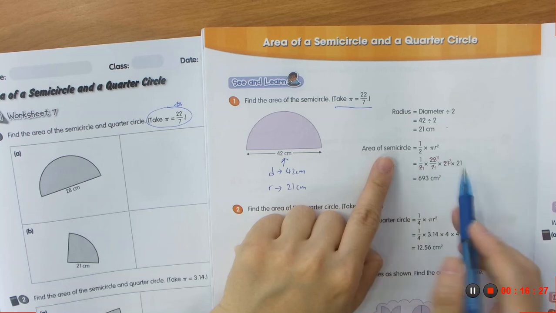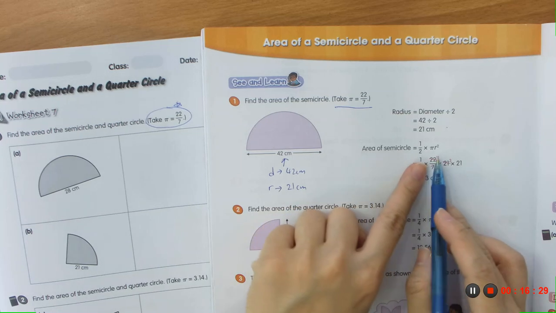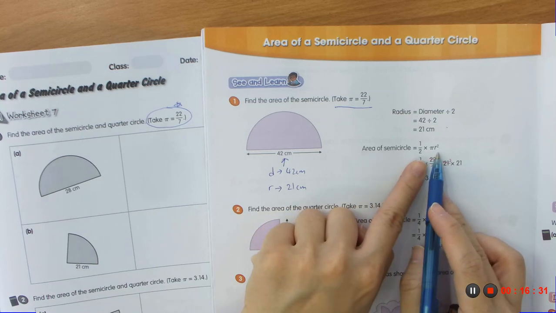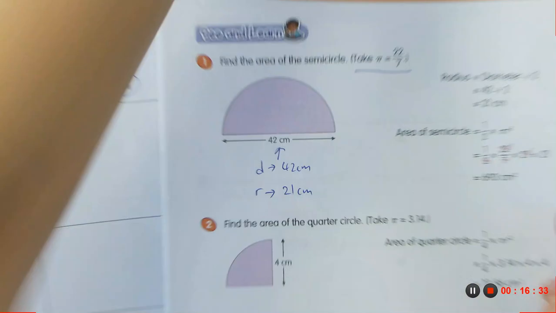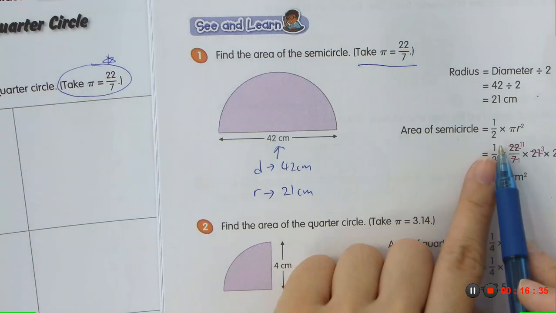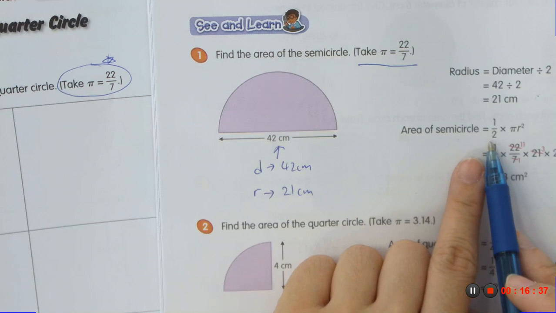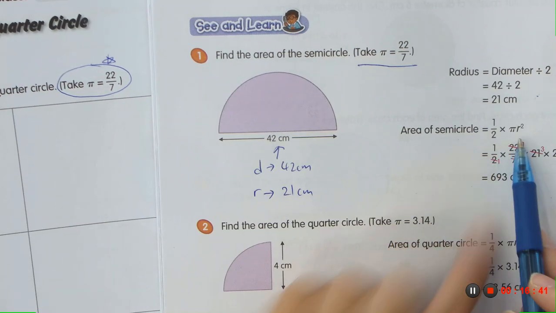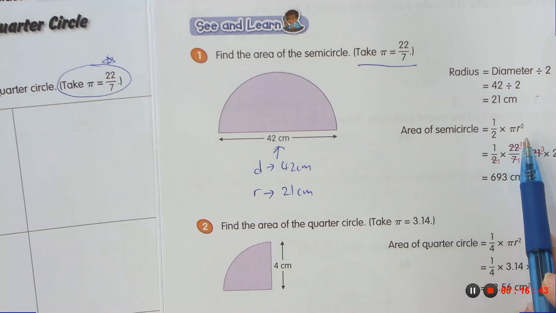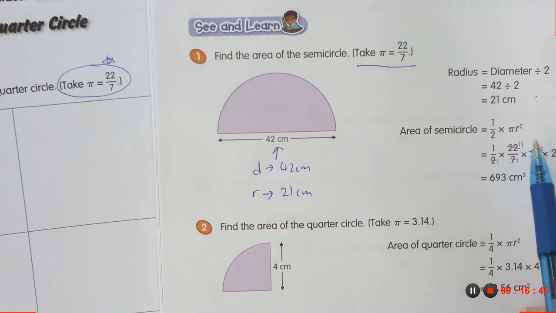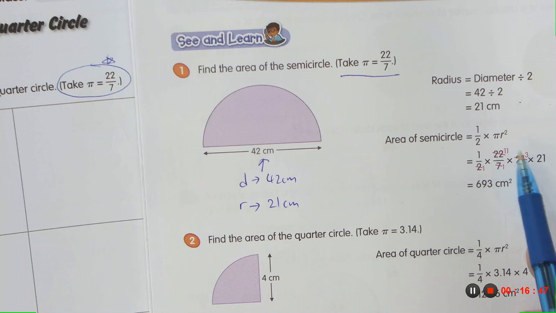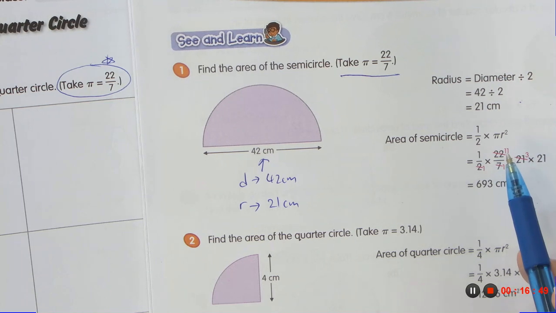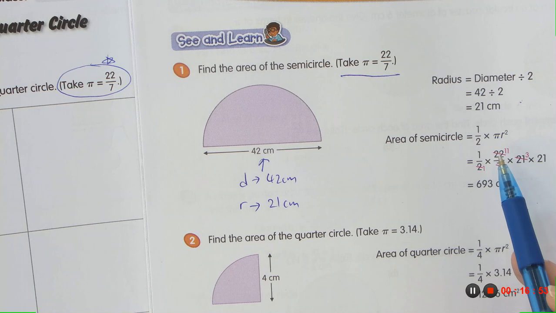What's the equation here? Can you take a look at it? Yes, Stella, you can go. What's the equation here? Yes, half times pi r squared. Can you notice how this formula is different from the one that we used to measure the circumference of a semicircle?